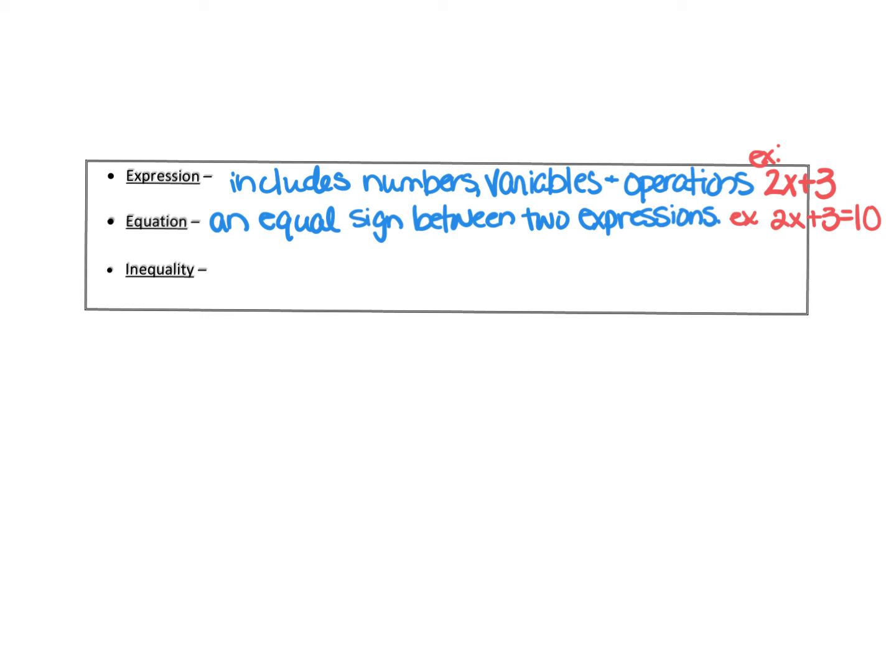So then what is an inequality? Well, an inequality is a mathematical sentence formed by placing either a less than, a greater than, or equal to, or less than or equal to symbol between two expressions. So let's put an inequality sign.